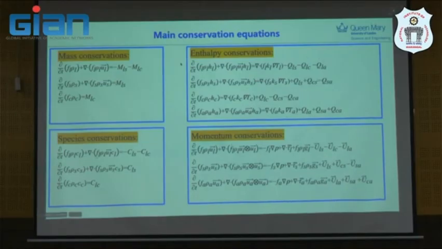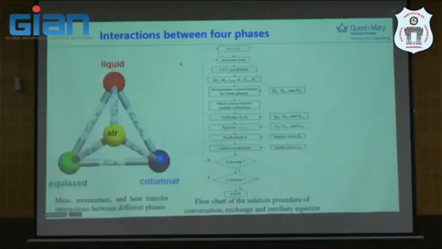Also, for the momentum, in our simulation the columnar phase is set as stationary, so the momentum equation for the columnar phase is missing. And here is the interaction between the four phases.